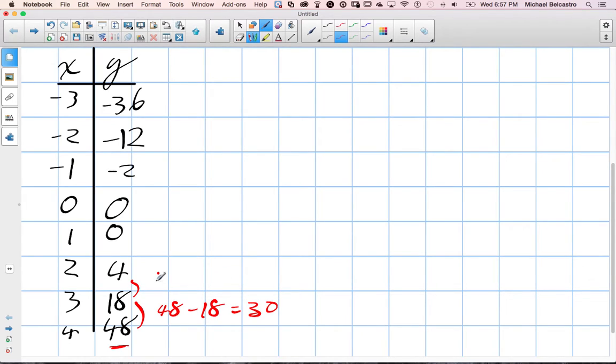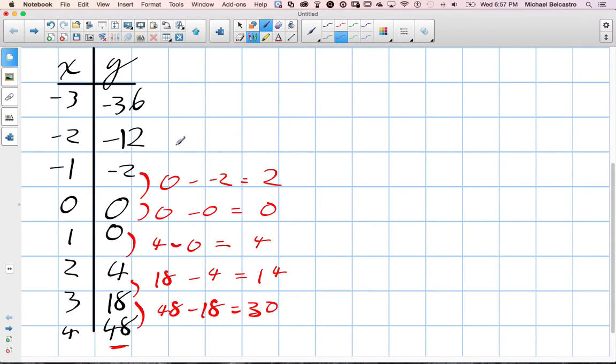We do the same thing again. 18 subtract 4 gives us 14. 4 subtract 0 gives us 4. 0 subtract 0 gives us 0. 0 subtract negative 2 gives us positive 2. Negative 2 subtract negative 12 gives us positive 14. And negative 12 subtract negative 36 is positive 24.